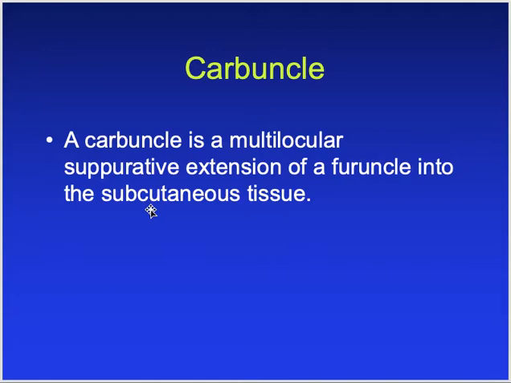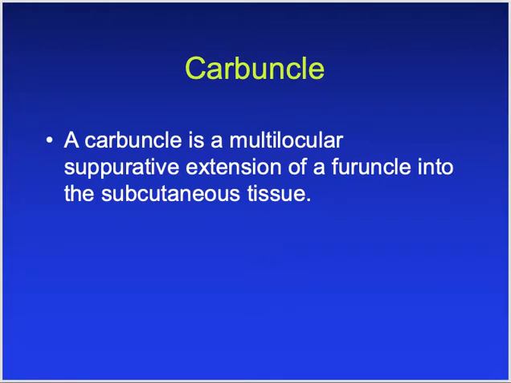What is carbuncle? When there are multiple small areas of pus formation, collectively an abscess in any area which is separated by partitions, we call it carbuncle. So a carbuncle is a multilocular suppurative extension of a furuncle into the subcutaneous tissue.